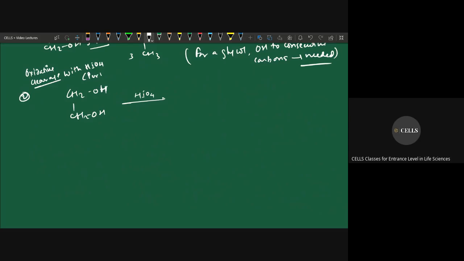HIO4 is also known as periodic acid. So if you cleave this, what will you get? HCHO. You will get HCHO once, and another HCHO. H2 will be released.